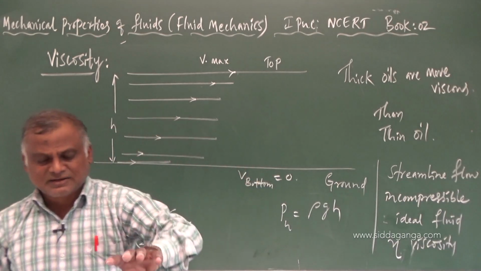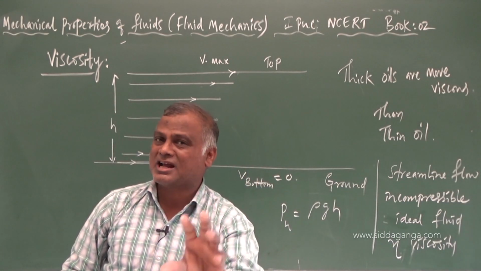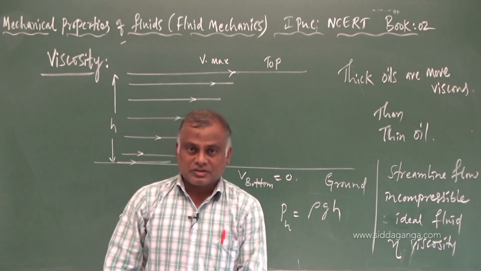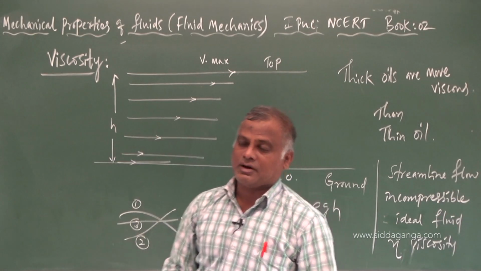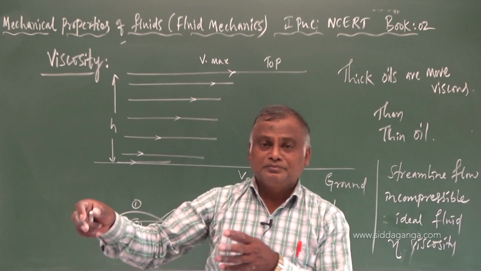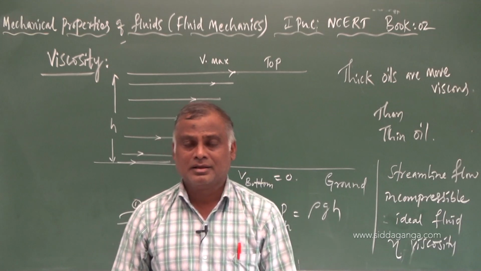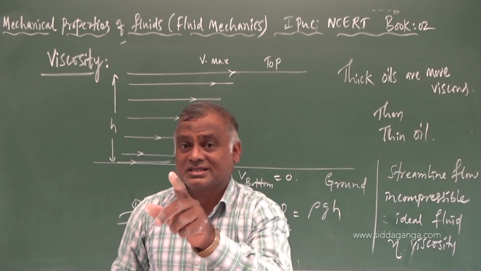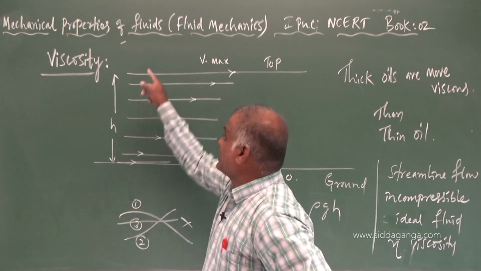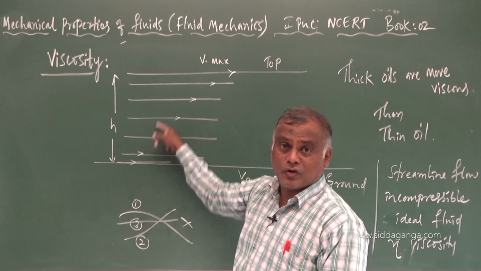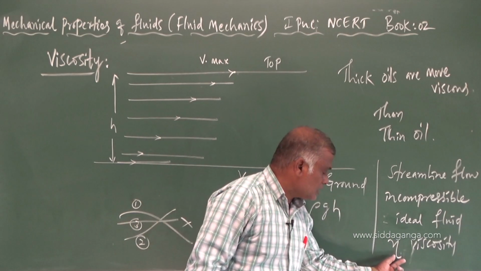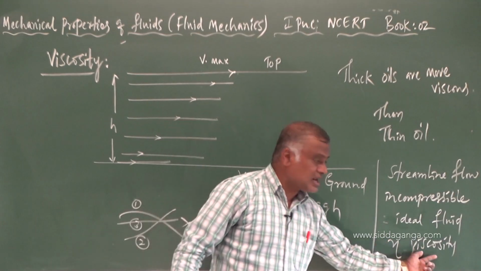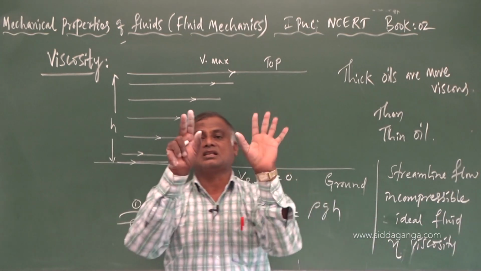This fluid has its own mechanical property called coefficient of viscosity. Now suppose if you remove this river water and take palm oil, edible oil, that will flow very slowly. So viscosity differs. For a given fluid flow, this coefficient of viscosity is constant. This is one of the mechanical properties that we have to study in this class, my dear students.